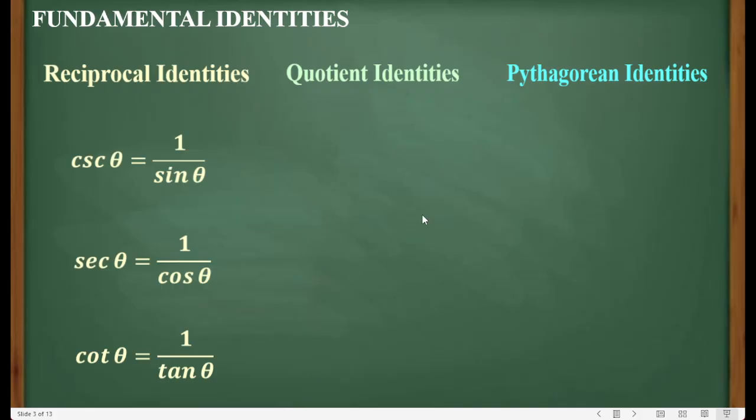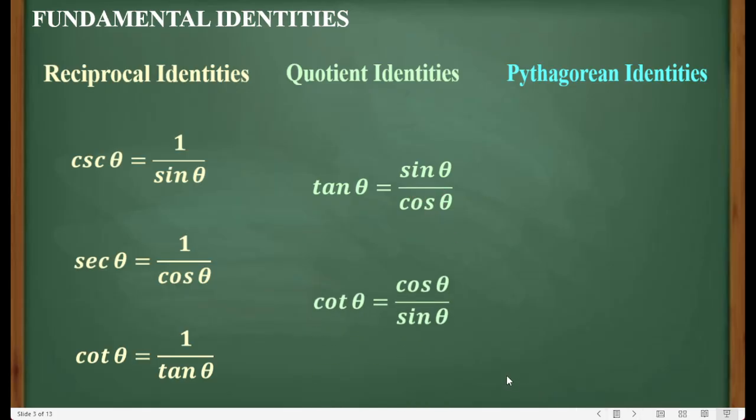For the quotient identities, we have the following. Tangent theta equals sine theta over cosine theta, and cotangent theta equals cosine theta over sine theta. For our third group of identities, the Pythagorean identities, we have sine squared theta plus cosine squared theta equals 1. 1 plus tangent squared theta equals secant squared theta.